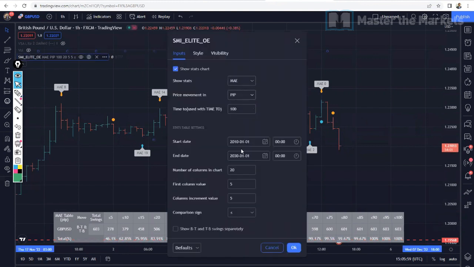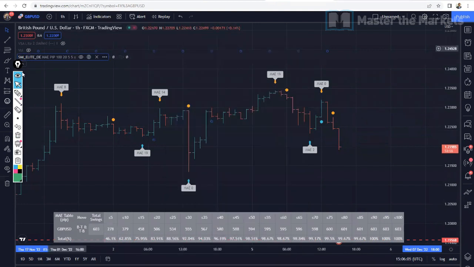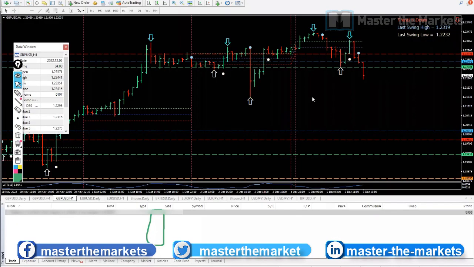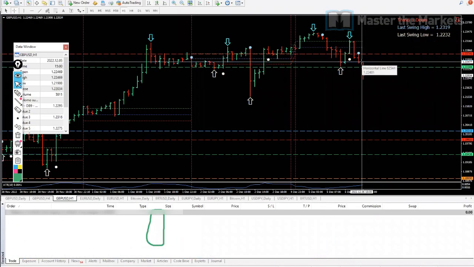I can find out how much it moves against me over 12 years. I put less than or equal to price increments of 5 on the 1 hour time frame chart, and I can see that 80% of them move against me 20 pips. And that is how we also designed this stop loss, which is 20 pips or the high of the bar, whichever is bigger. Okay, so that's why I placed it at 122.74.